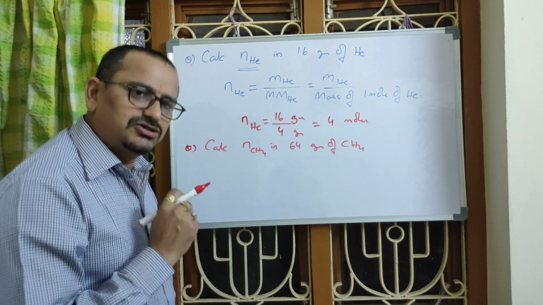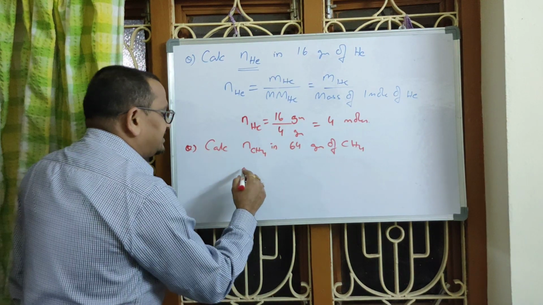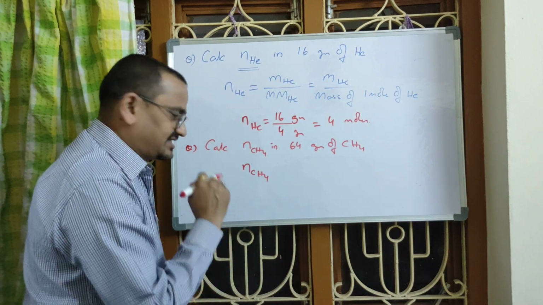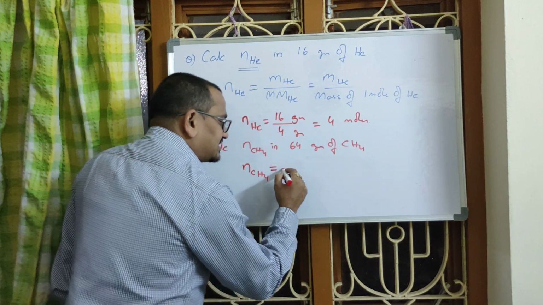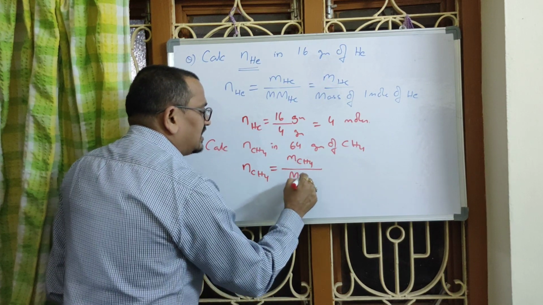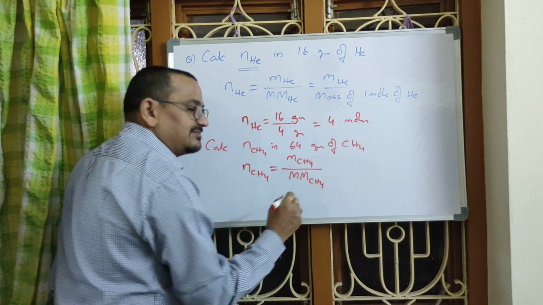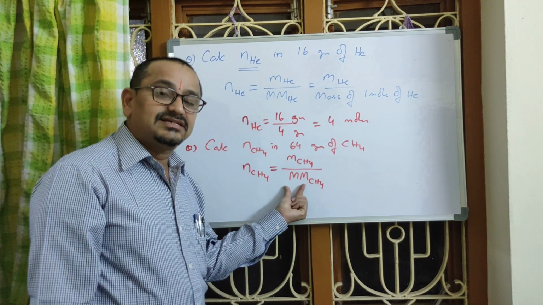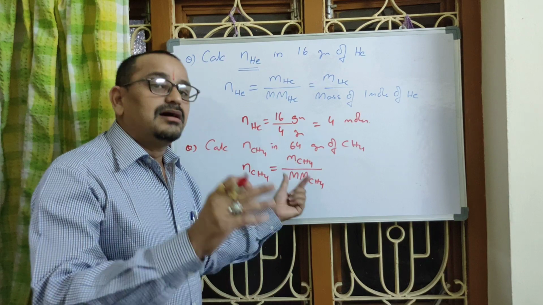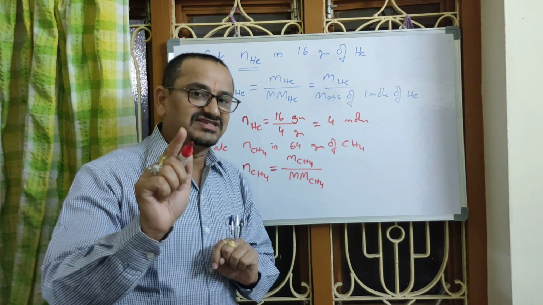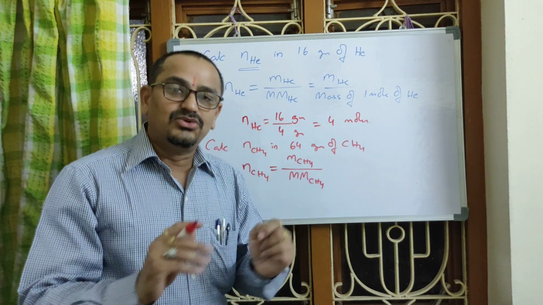Same model. What's the relation? Number of moles of a substance, here methane, can be calculated as a ratio of mass of the substance to molar mass of the substance. Once again, what's meant by molar mass? Mass of 1 mole of a substance.